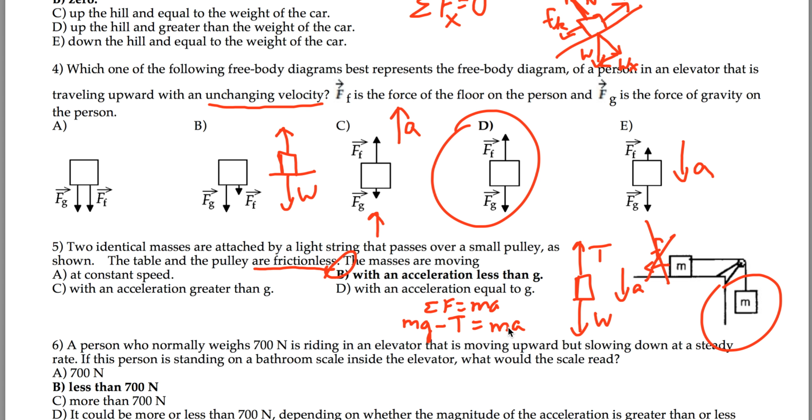That's equal to ma. So if you solve for acceleration, then you're going to get mg minus T divided by m, right, if you solve for a. So what you're going to get is g minus T over m is what your acceleration is, which is definitely smaller than g.